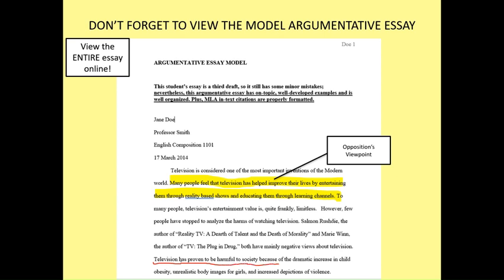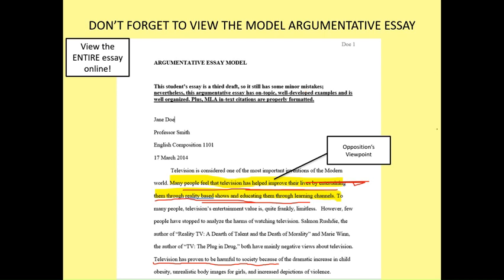So if your viewpoint is that television is harmful, the opposition viewpoint will be that television is helpful. It has improved lives. So you have to have that in your introduction, that opposition's point of view. Okay.